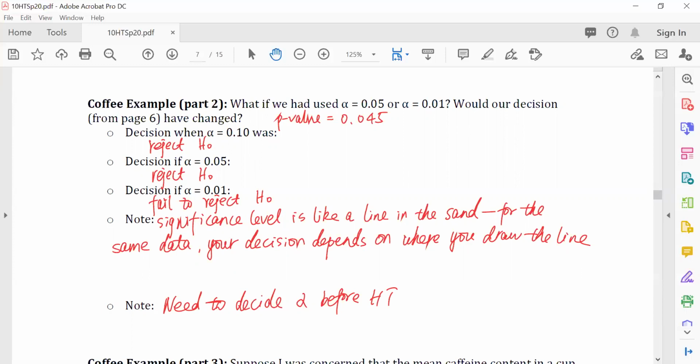Remember, we also mentioned that if you are skeptical about HA, you'd better choose a smaller alpha. Here you can see if you are skeptical about your HA, when your alpha is big, you reject H null. You are in favor of HA. If your alpha is small, here alpha is 0.01, then you fail to reject H null.